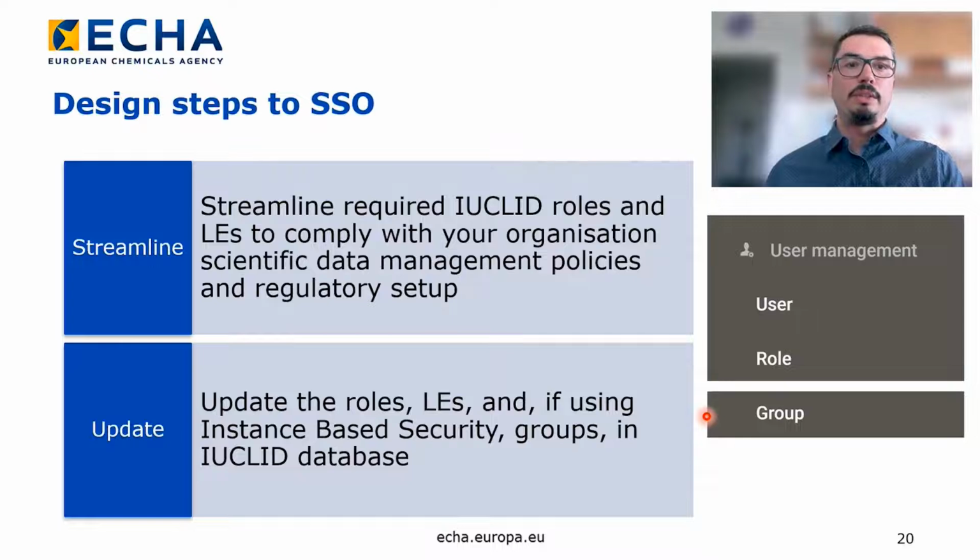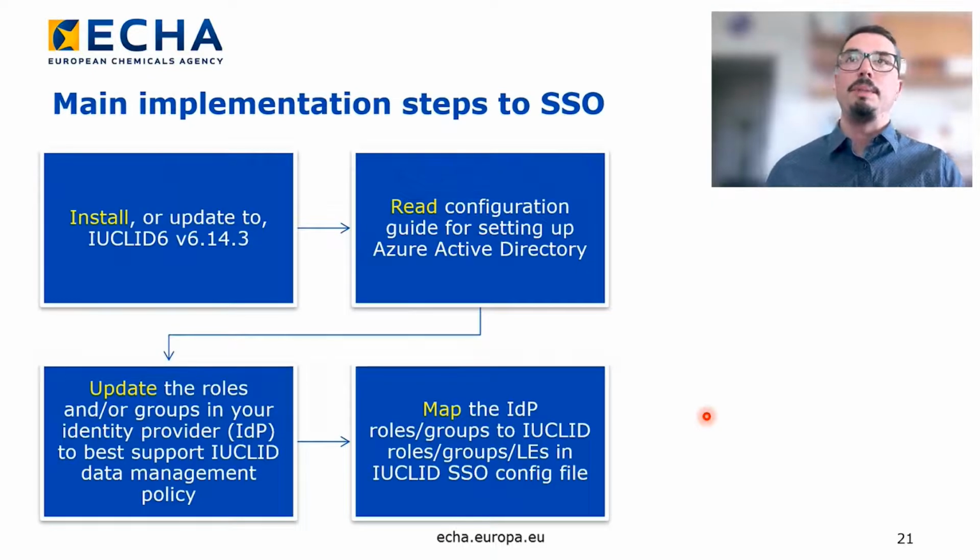And once you have done this work, it's time for the IT people to kick in. In order to implement the single sign-on, the IT administrators will need to install or update the Euclid instance to Euclid 6.14.3, the release that we made in April 22. And once installed, they should read the configuration guide for setting up Azure Active Directory.